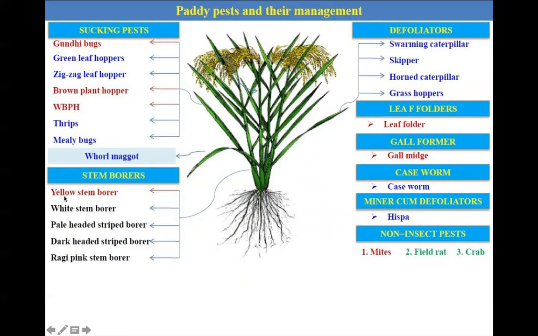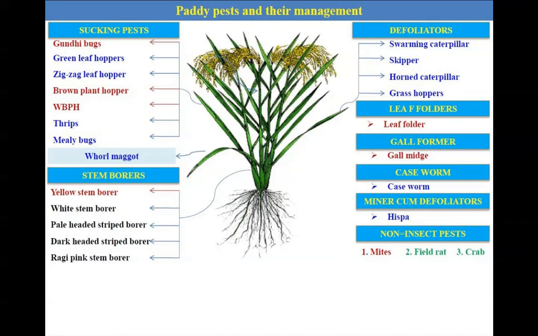Based on the color of the damaging stage, that is the larva, they have been given names like yellow stem borer, where the larva is pale yellow in color, and white stem borer, pale headed borer. Then defoliator. The beautiful concept of these insects is that most of the function is hidden in the name only, like defoliator, stem borer, yellow stem borer, which causes damage to the stem.